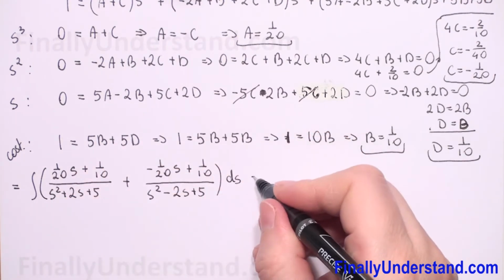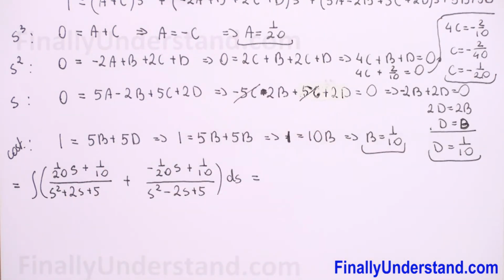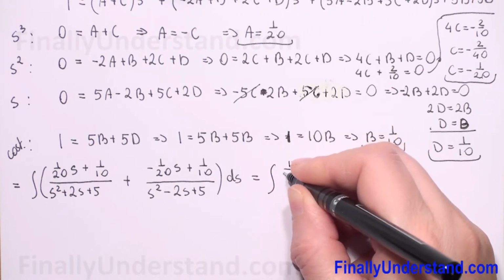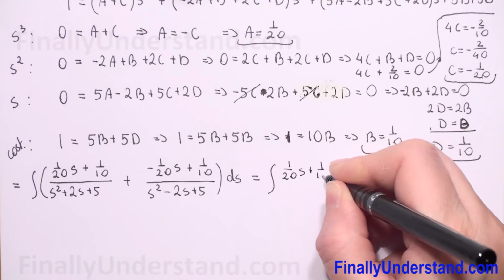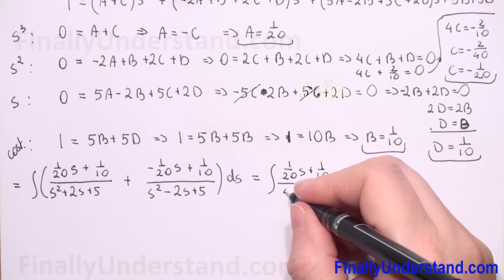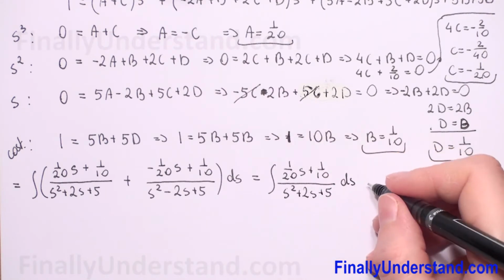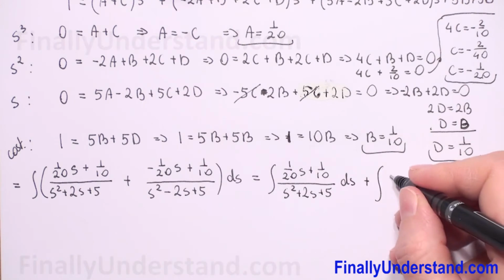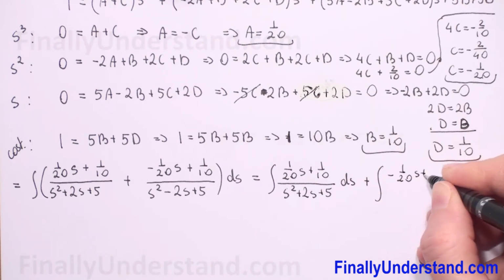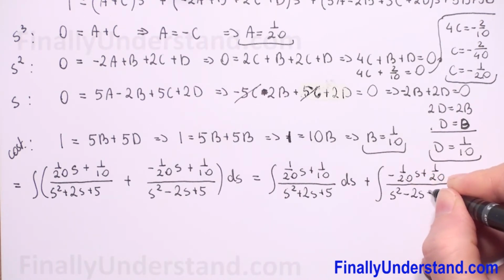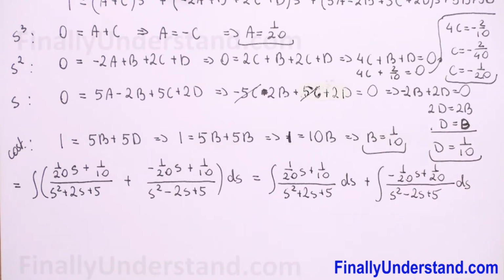We have an integral of a sum, so we can change this to a sum of integrals. We will have integral of 1 over 20 s plus 1 over 10 over s squared plus 2s plus 5 with respect to s, plus integral of negative 1 over 20 s plus 1 over 10 over s squared minus 2s plus 5 with respect to s. So we have to solve these two integrals.